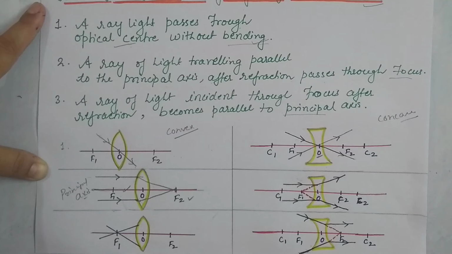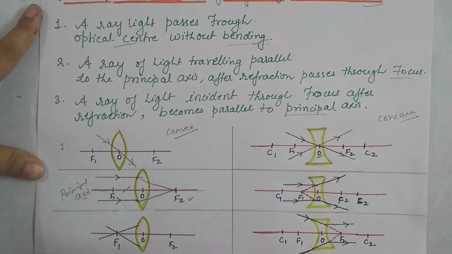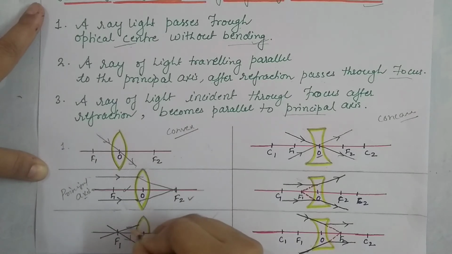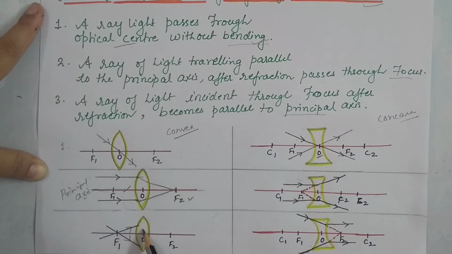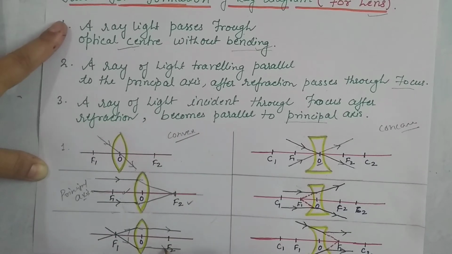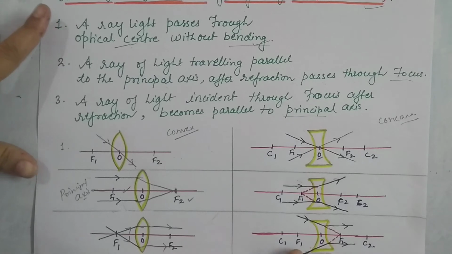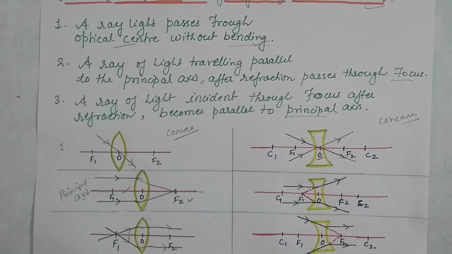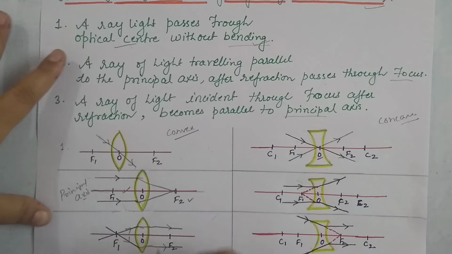It means when a light ray passes through the focus, it must go parallel to the principal axis.